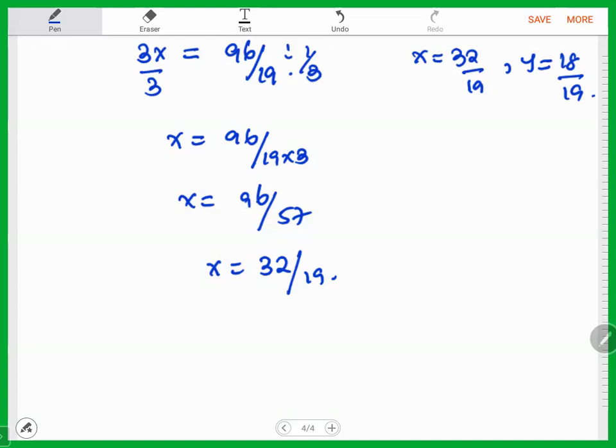I converted mine, and the answer is the same. I don't think what you have is as exact as this. What is the value of x that you have? It is 1.68.